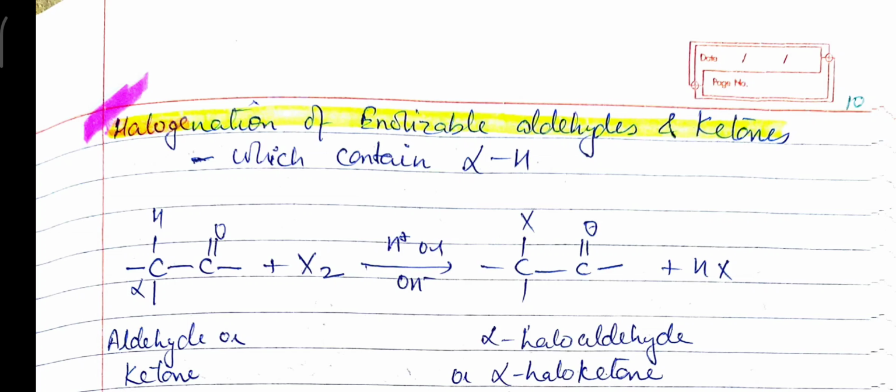Today we will start with halogenation of enolizable aldehydes and ketones.